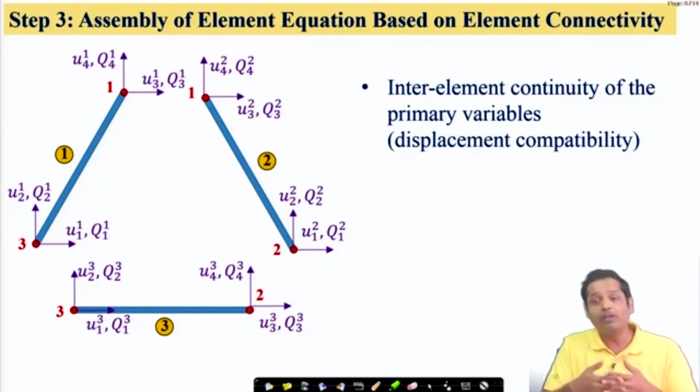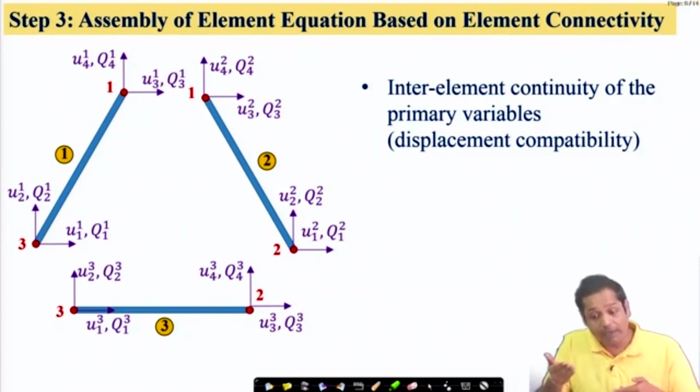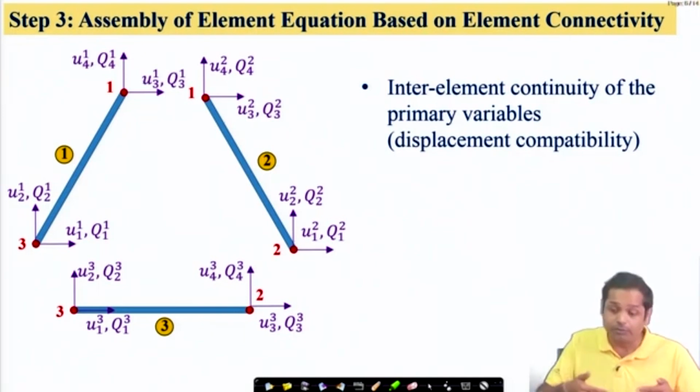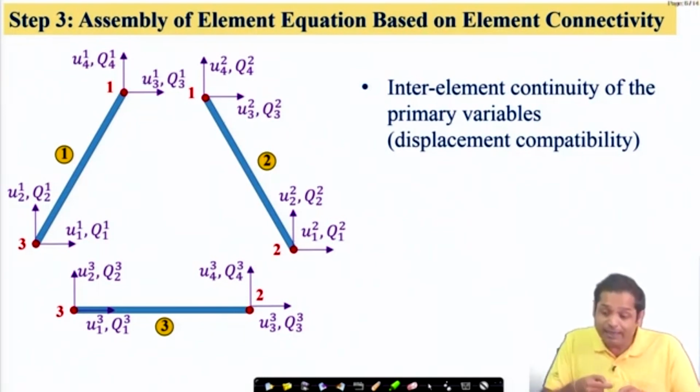When we join all the elements, certain criteria need to be satisfied. The first important criterion is the inter-element connectivity. Elements are connected through the nodes, right? And as we discussed at the very beginning, information will pass from one element to another element through this node. So at this junction, the inter-element continuity should be maintained.